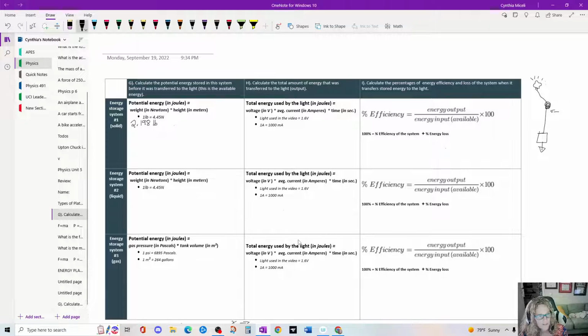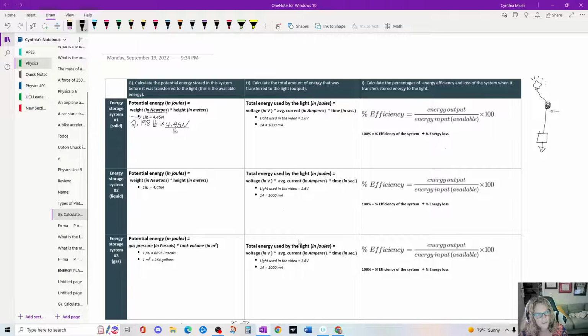But we also can see that the weight needs to be in newtons, not pounds. So we have a conversion right here that tells us how to change pounds into newtons. So what happens is 4.45 newtons are in every pound, or per pound.